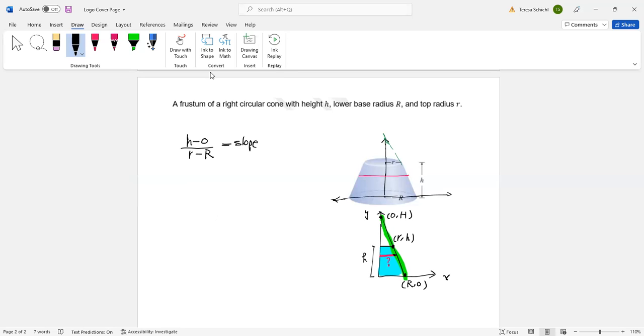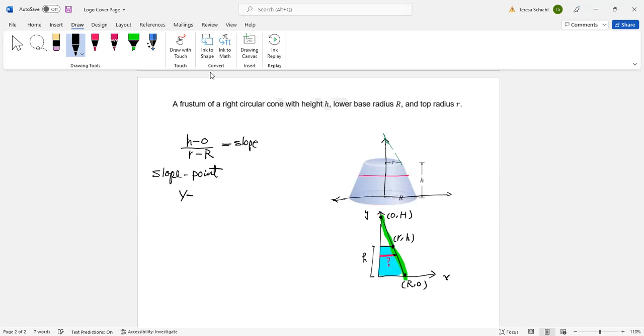Now I have a slope and a point, so I can find the line using the point-slope formula. I will use this point because y is equal to 0, which is easier.